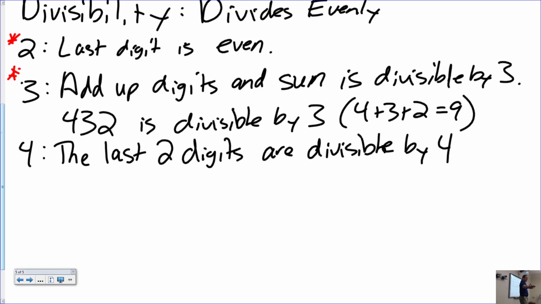So no matter how many digits you have in your total number, if you just look at the last 2, you can tell whether the entire number is divisible by 4. 23,124. Is that number divisible by 4? Yes. What are the last 2 digits? 24. Can 4 go into 24? Yes. Therefore, it's divisible by 4, which is kind of a nice little rule, right?